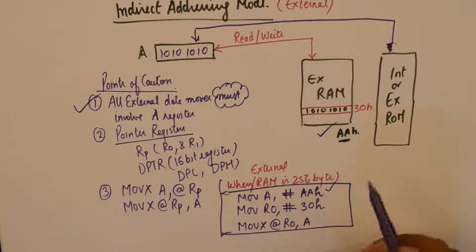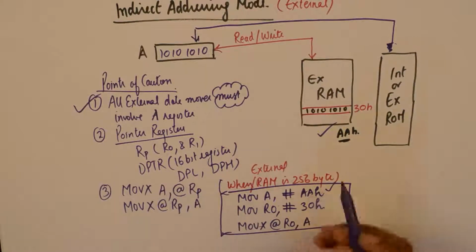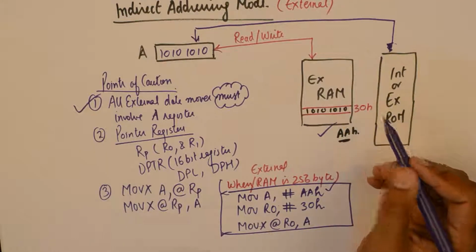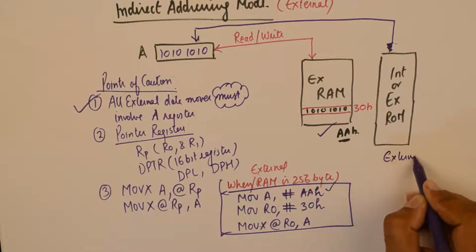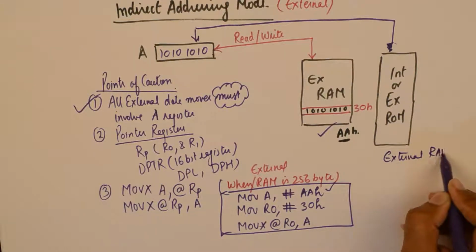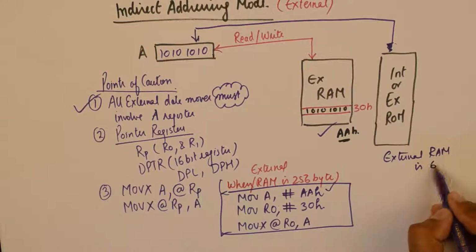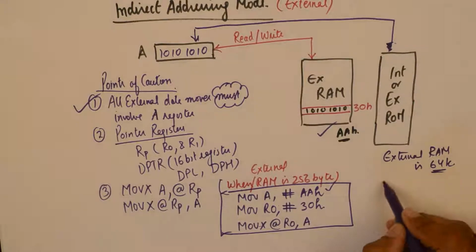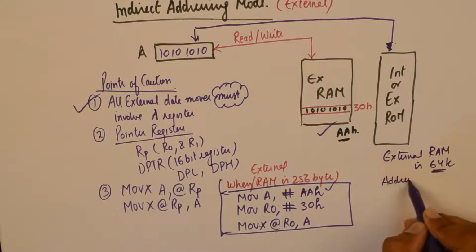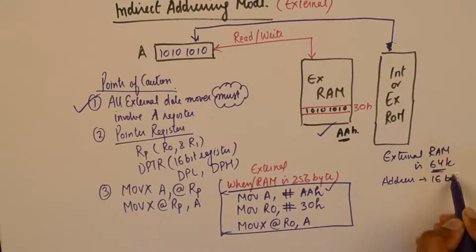And another option, the second case, could be that the external RAM is big enough. External RAM is 64K in size, then the address would be 16-bit.